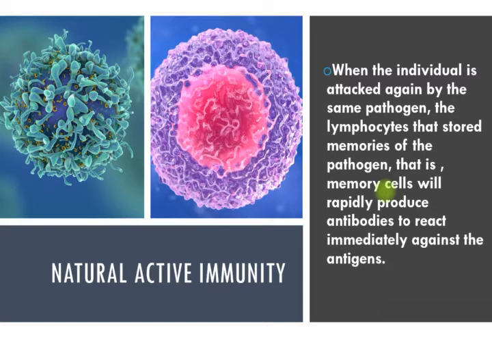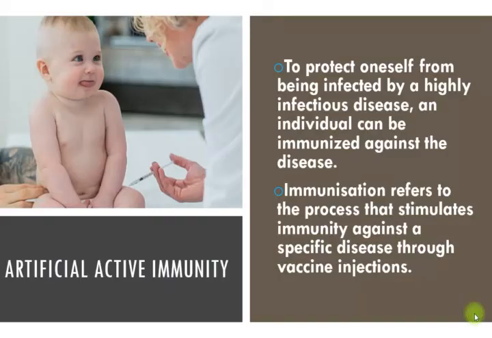These memory cells will react. How does it react? It will stimulate the T lymphocyte to produce the antibodies immediately against the antigen. So that is referred to as natural active immunity.